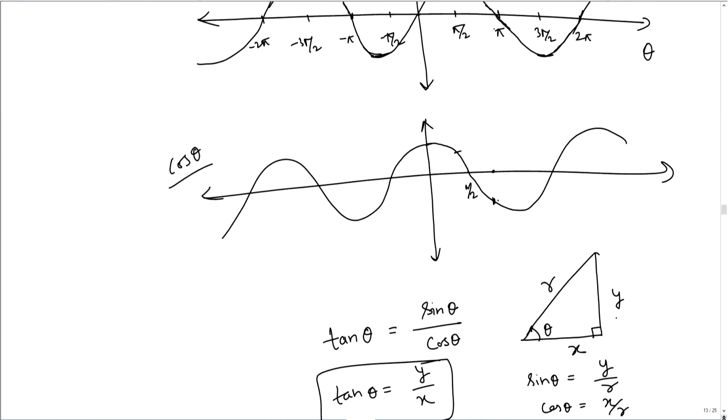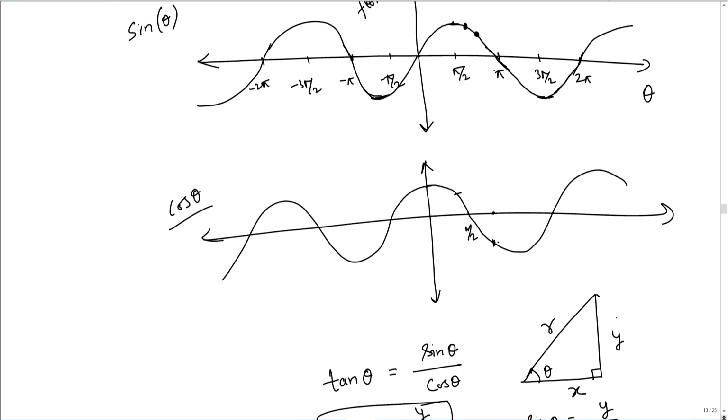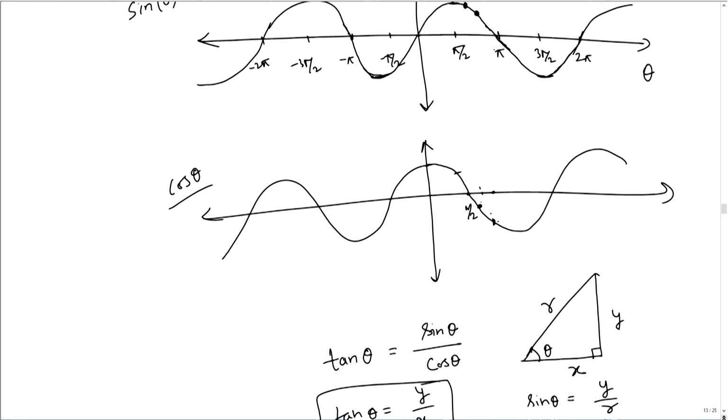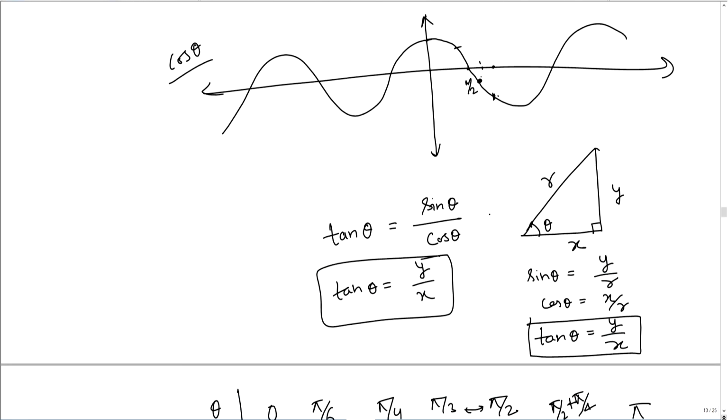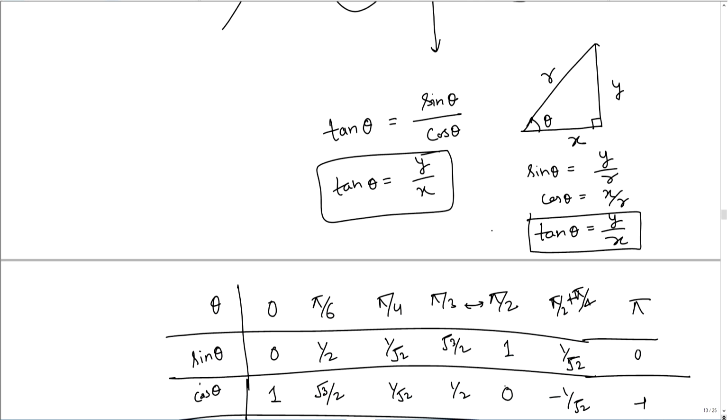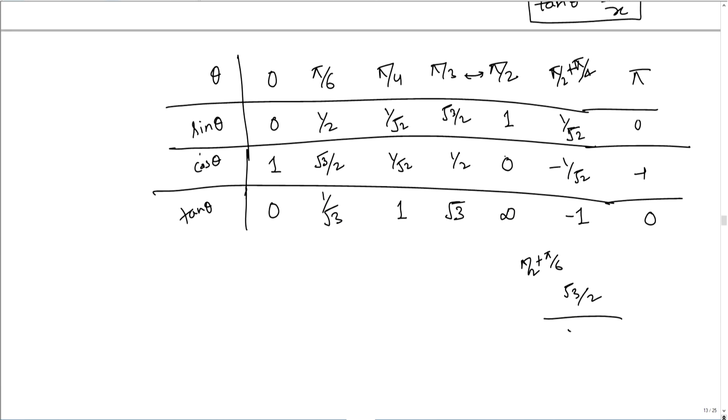What is the value of cos theta at 120 degrees? It would be minus 1 by 2. So the value is minus root 3. At 120 degrees, the value of tan theta is minus root 3. So it is increasing in the negative direction as you go from pi to pi by 2.